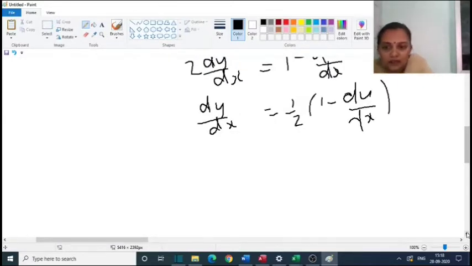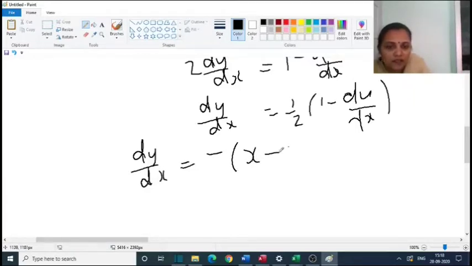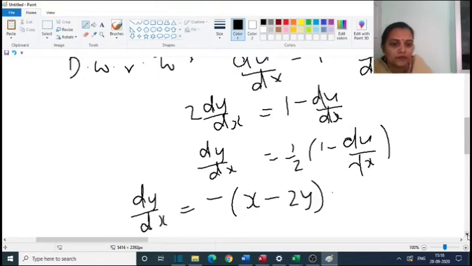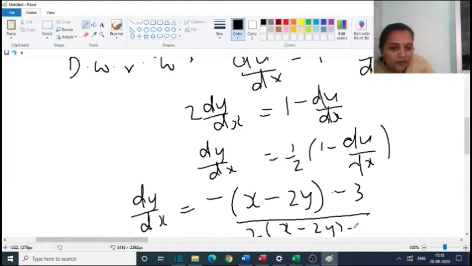The equation is dy by dx equals minus (x minus 2y plus 3) divided by 2 into (x minus 2y plus 5).